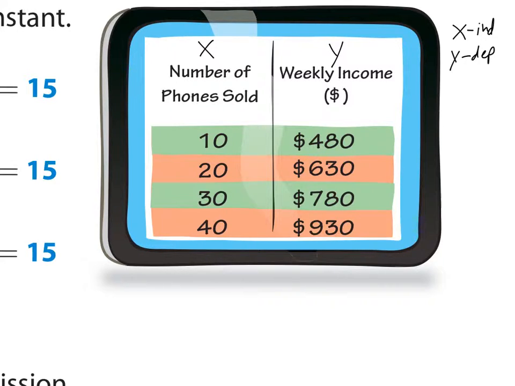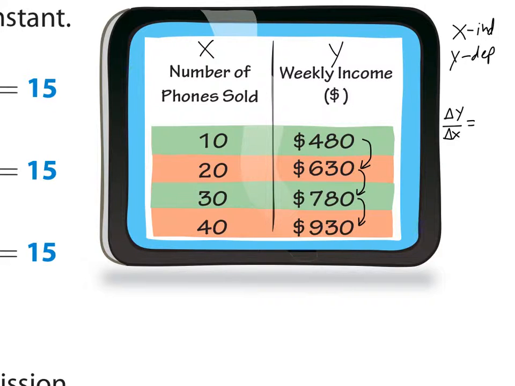Okay, so once we have that identified, now I can use this to solve for my slope. Remember, slope was change in Y over the change in X. So these are my Y's. From 480 to 630, and 630 to 780, and 780 to 930. Do the subtraction on your calculator. Tell me what the change is. It's obviously going up.